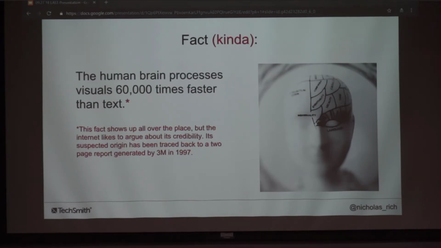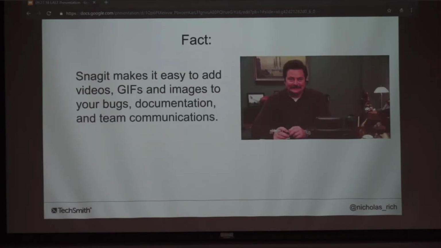It traced back to a 3M publication, a 2-page report in 1997, and it may have been for publicity, so it's a kind of fact. But the fact is, typically our attention is grabbed more easily by images than by just reading text. So, Snagit makes it easy to add videos, GIFs, and images to your bugs, documentation, and team communications.